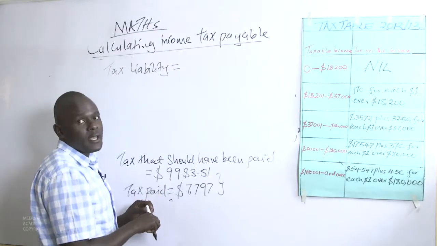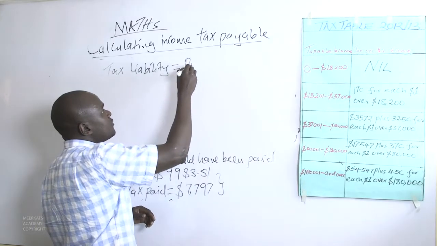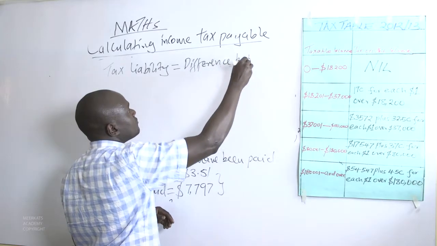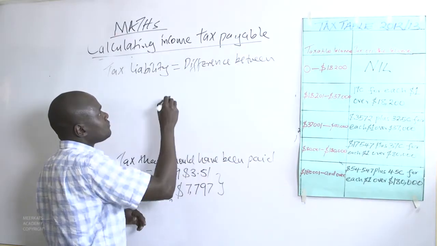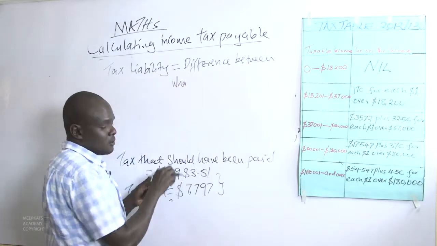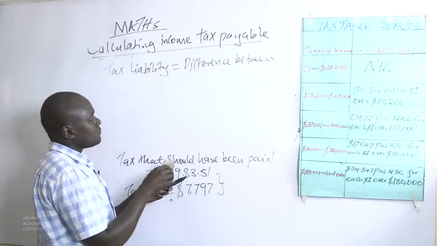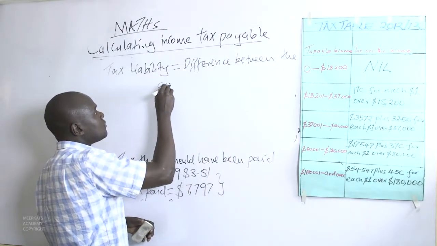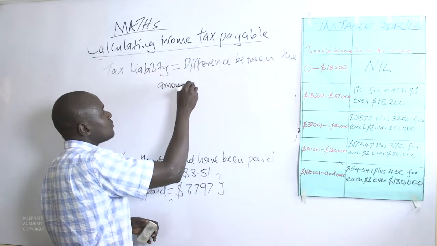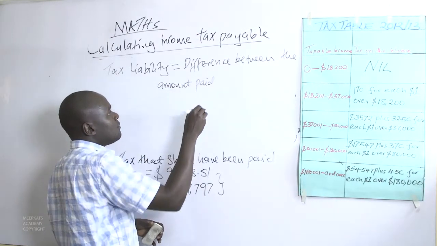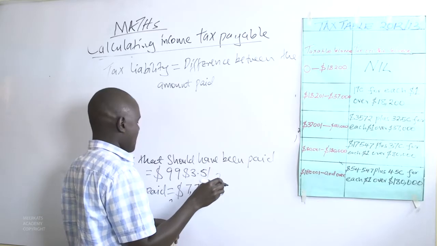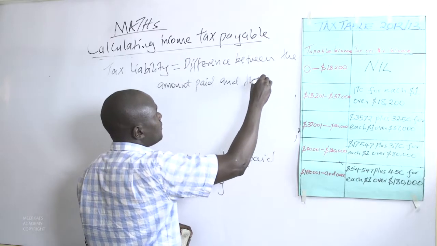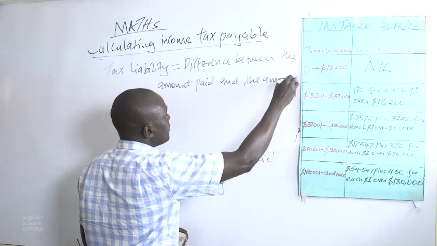And this tax liability is the difference between the amount paid and the amount required.